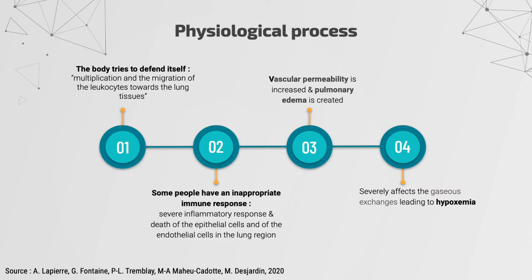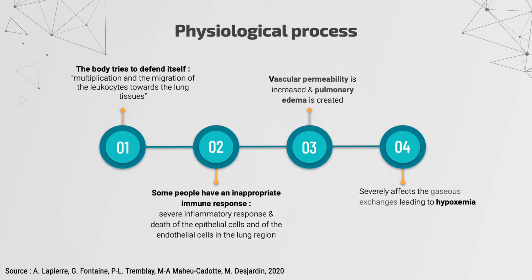And then on our second step, if we can call it that way, we have people having kind of an inappropriate immune response because there's a lot of inflammation going on, and even the death of epithelial cells and endothelial cells in the lung region can be observed.